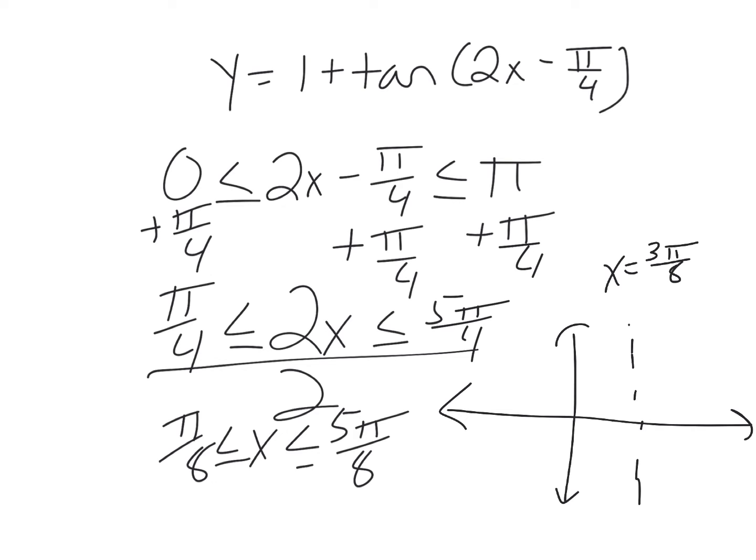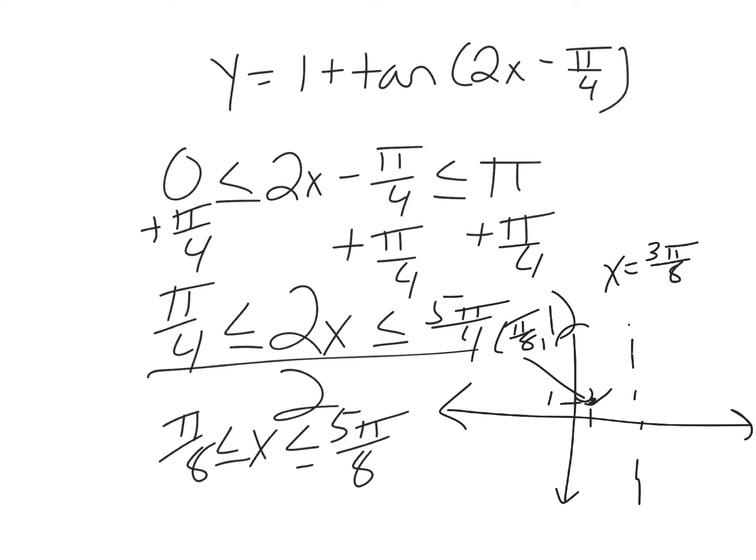And then what's happening here? We're shifting up 1, right? So that point pi over 8 would, instead of it being at 0, will be at 1. So it's pi over 8, comma 1.